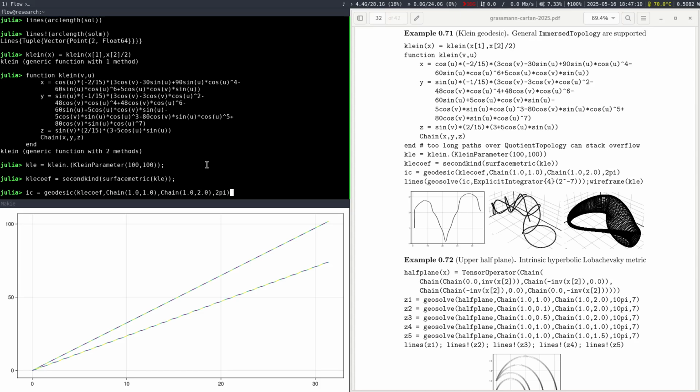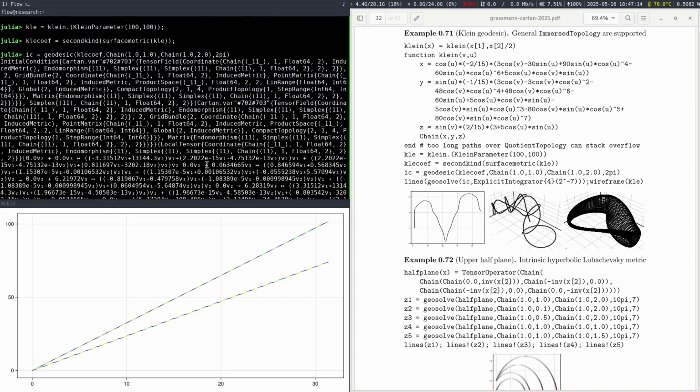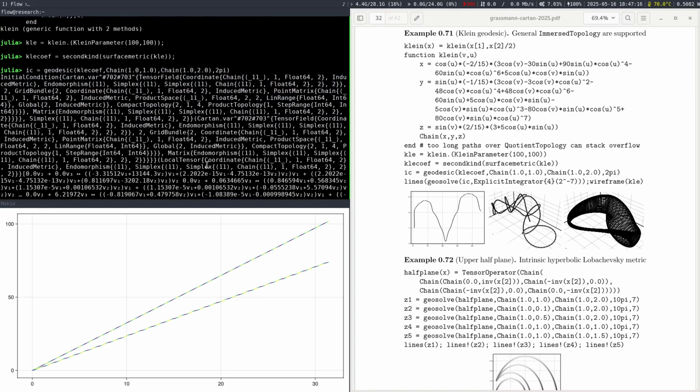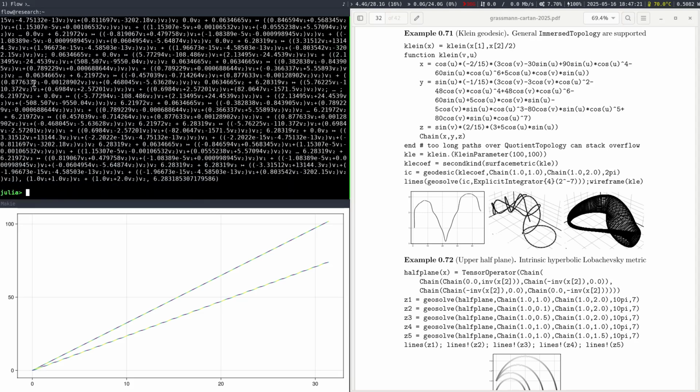Select the time duration. And now we have our initial conditions specified. And wow, look at this initial condition. It's got a lot of data inside of it.